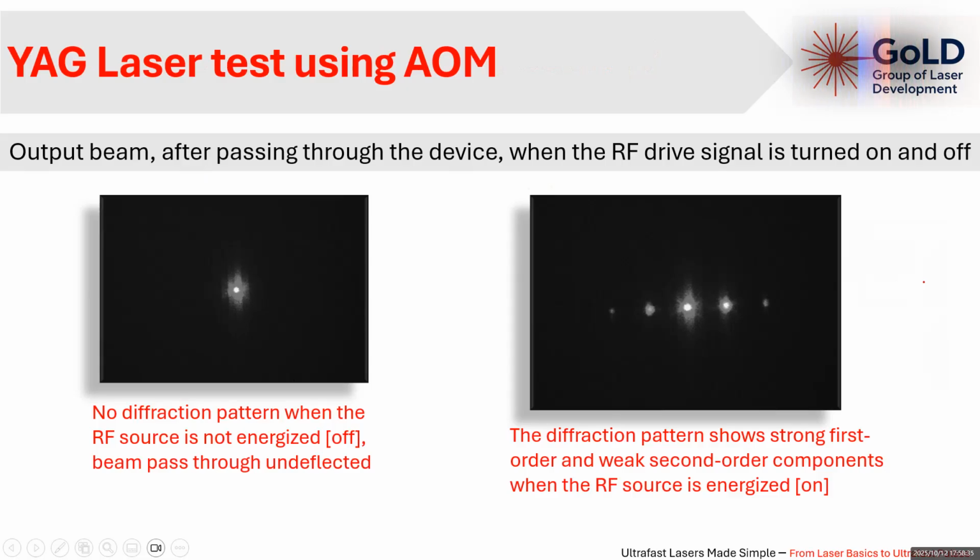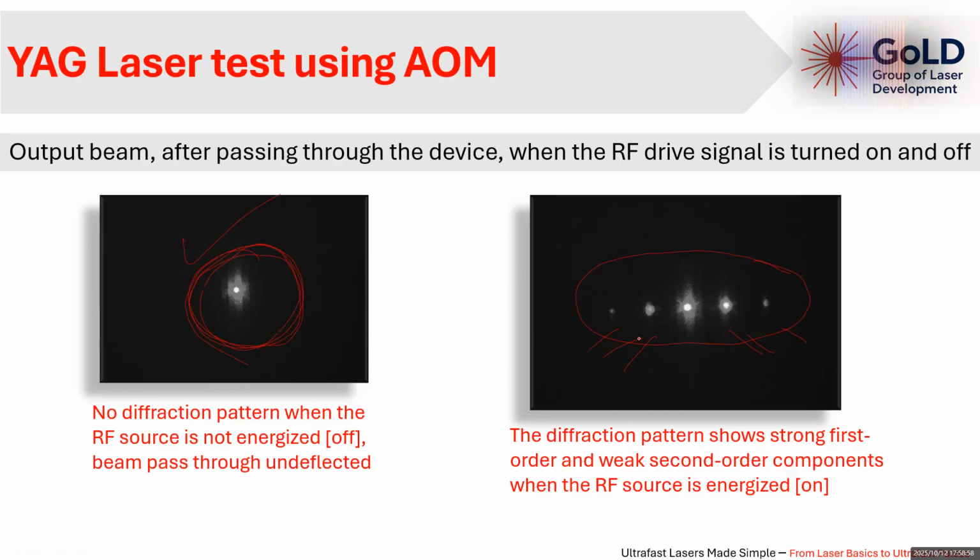Okay, so this is one of the examples. You can see on the left side here, the light is passing through without any diffraction effect. And here the switch is on. When the switch is on, the light is diffracted.